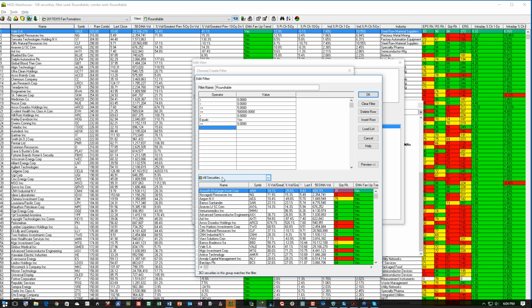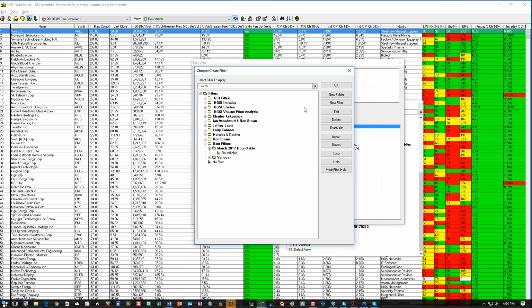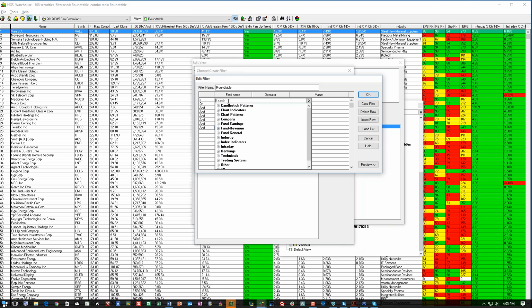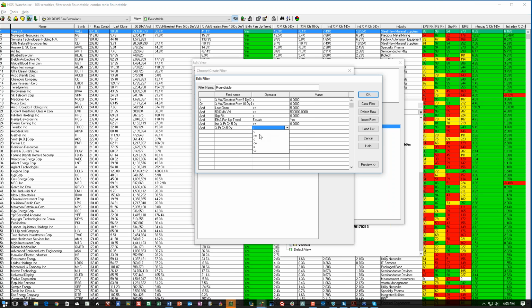Why can't I get that to go back over? I'm just going to click on OK and then edit it again. And the last is percentage price change 5-day is greater than 1%.